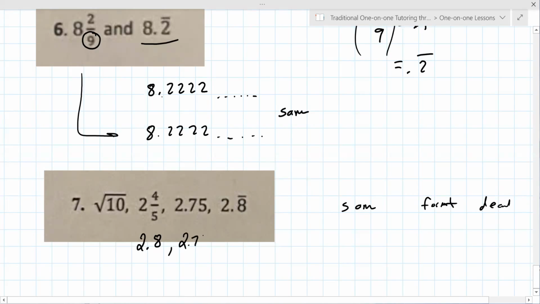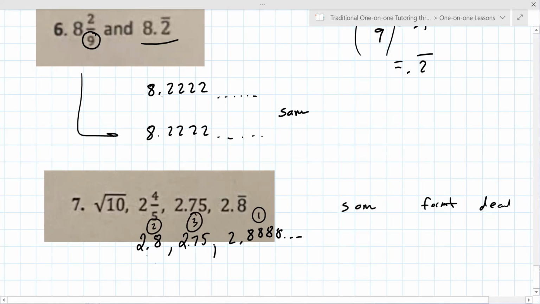So now, and then this one, whenever it's a repeating one, you definitely want to write out a few of those. So between these 3, which is the largest? It is 2.8 bar. So this is the largest? Yeah. So if I gave you 2.8 million or 2.888 million, which would you prefer? Oh yeah, 2.88 million. Yes. So this is the largest. This is the second largest, and this is the third largest.